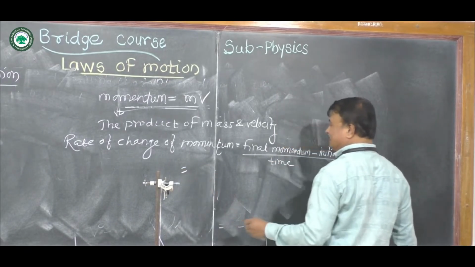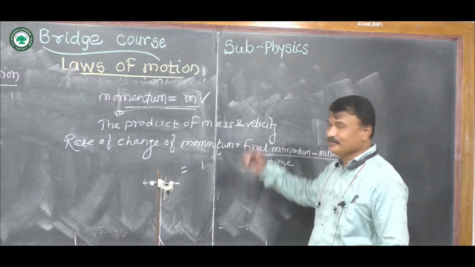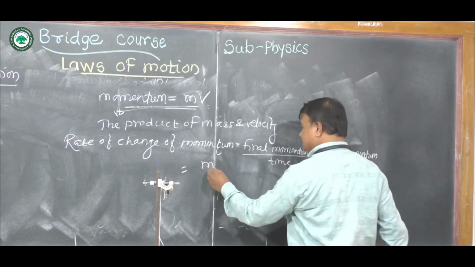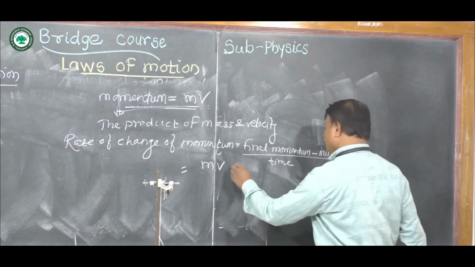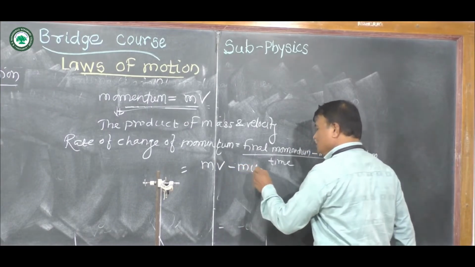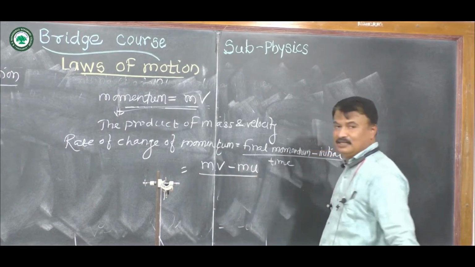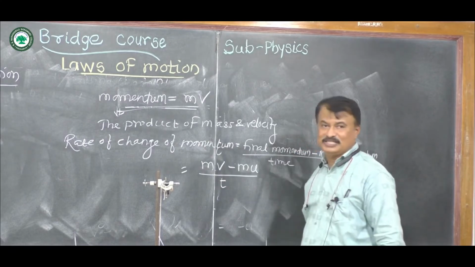Now, if the body is moving with final speed v and initial speed u, then the final momentum is mv, where m is the mass of the body. Initial momentum is mu, where u is the initial velocity, and time is t. And this is equal to the rate of change of momentum.